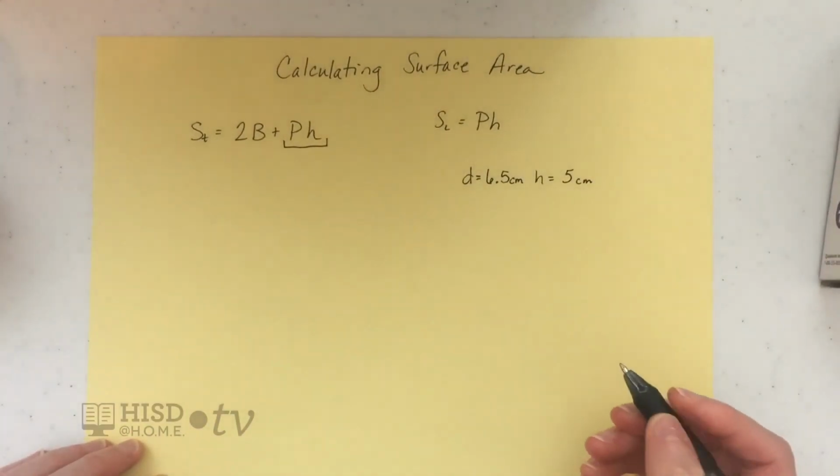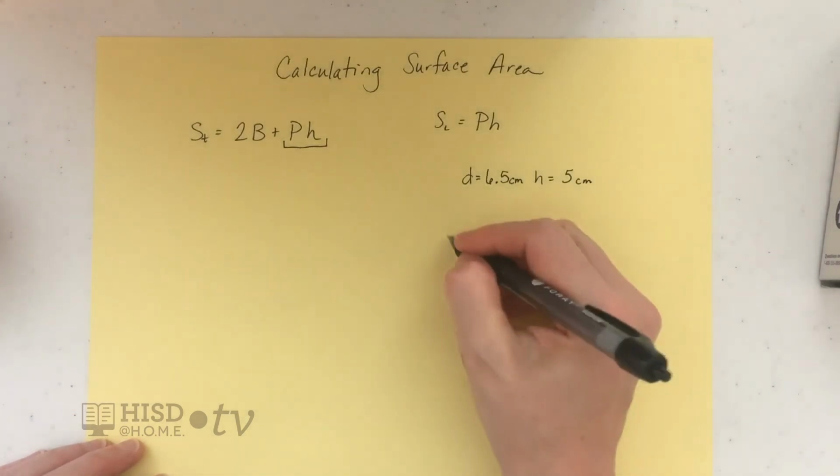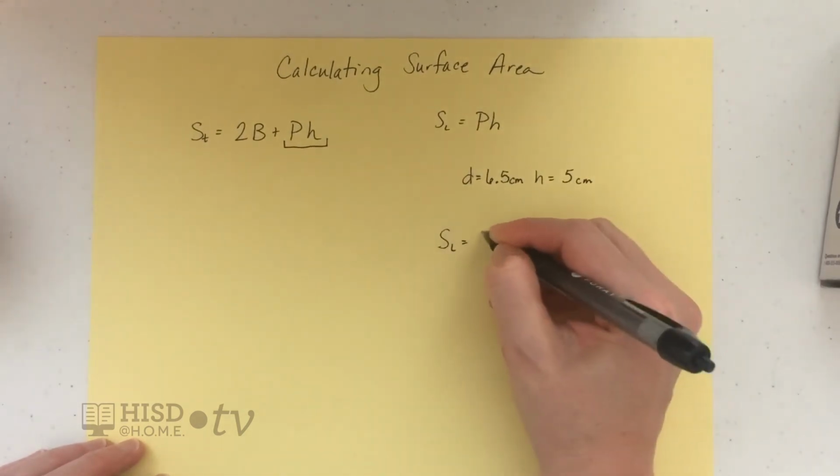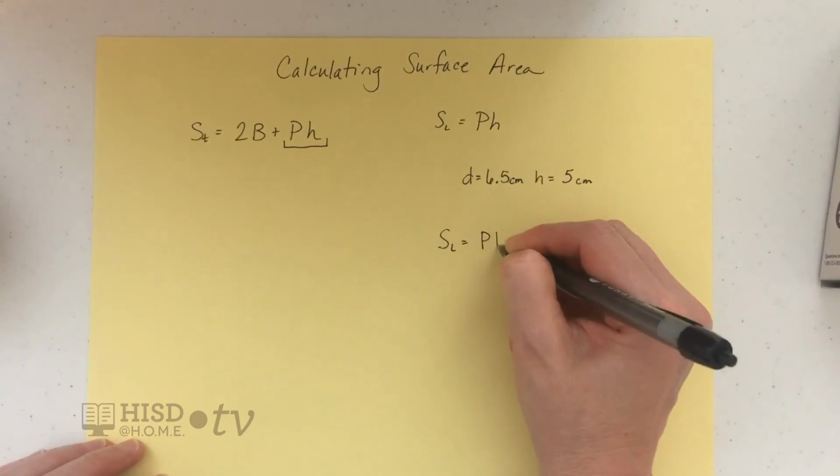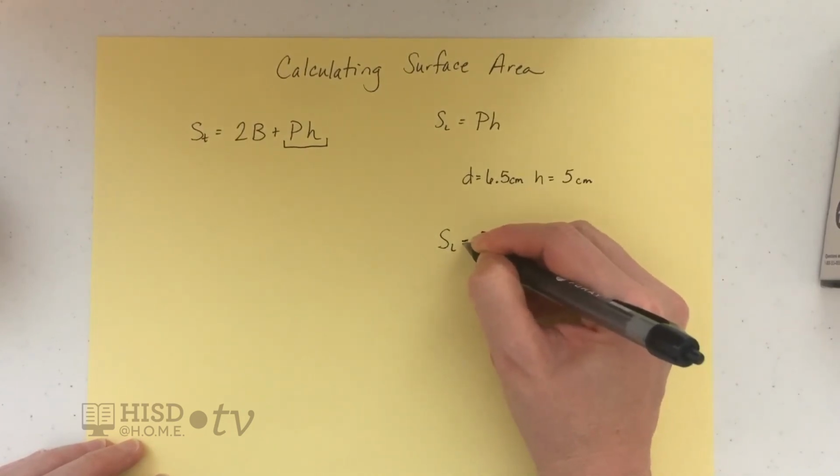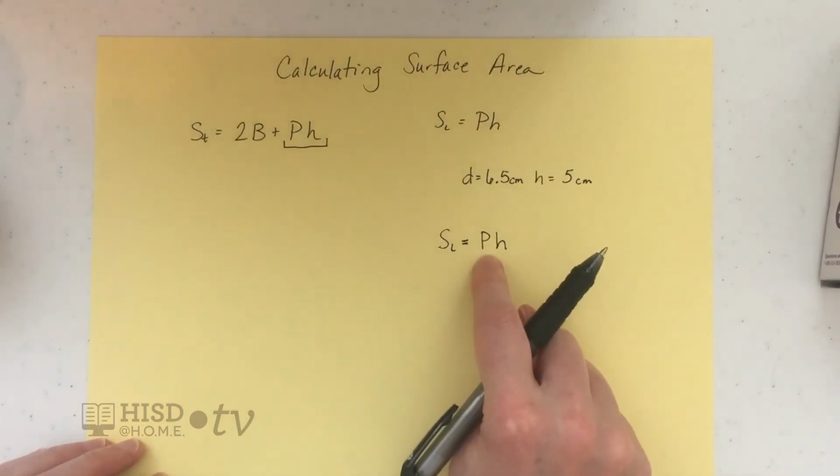Now, just like last time, we're going to go ahead and start by writing our formula. So the lateral surface area is going to be the perimeter of the base times the height. Now remember, last time we expanded this formula by inserting the formula that we'll need in order to find the perimeter. So if you remember, the perimeter of a circle is also called circumference.